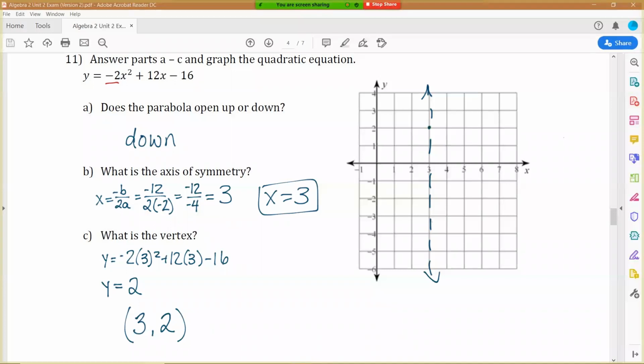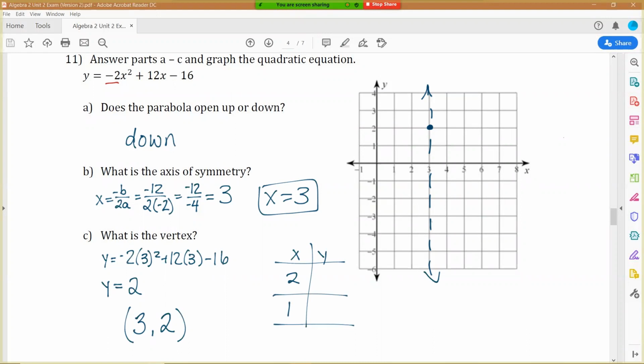So 3, 2 is right here. Your vertex should always be on your axis of symmetry. And then we get to make an XY table. Pick 2 numbers to the left or 2 numbers to the right of 3, so let's do 2, 1.